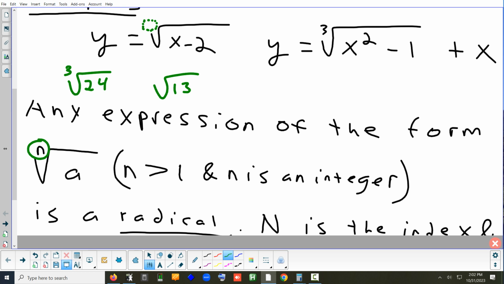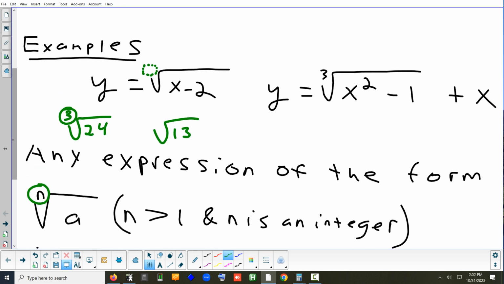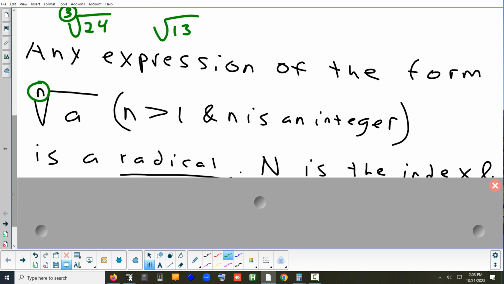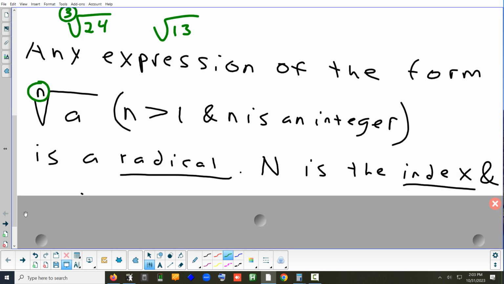The number that you put right there, which in that case it's a 3. In this case it's not written, but what number is it? 2. Yeah, it's a 2. If it's ever not written, it's always a 2. That's called the index. So the number that you put outside is called the index.